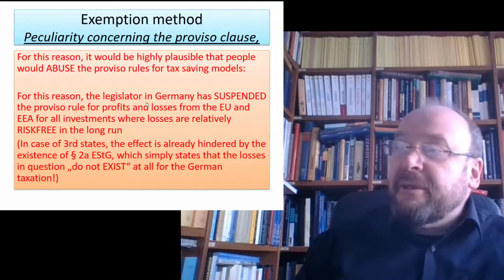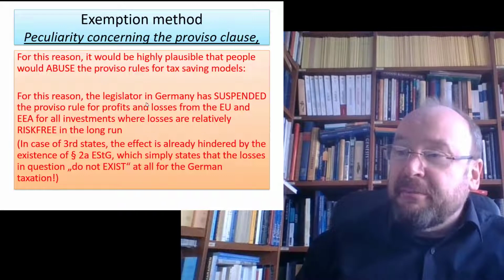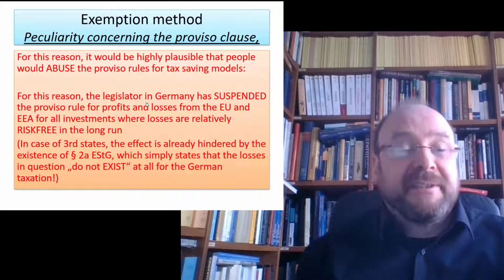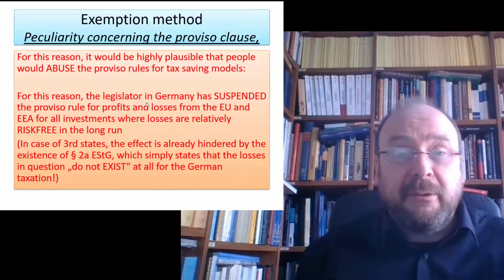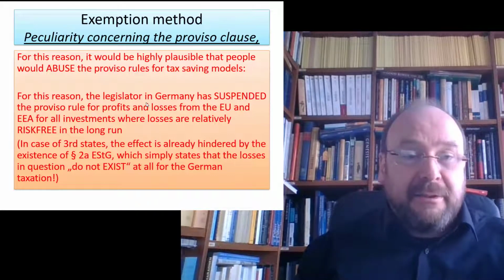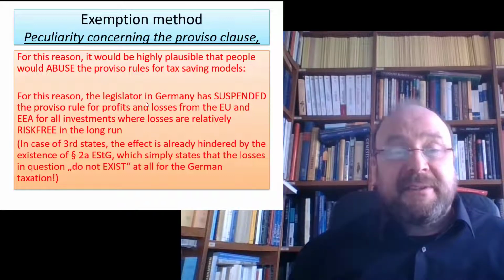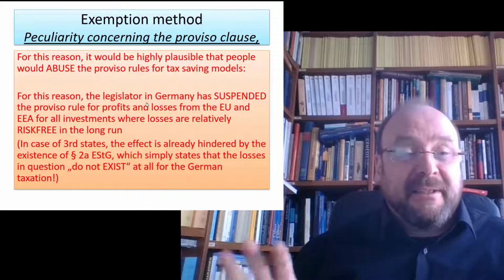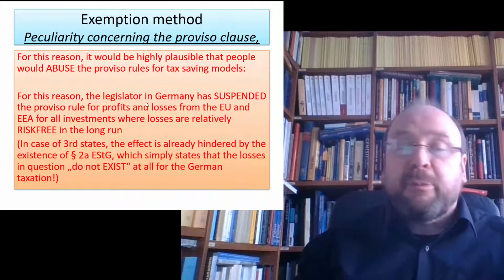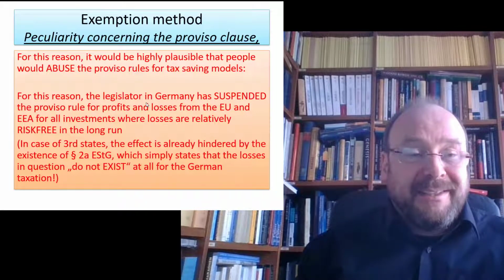For non-EU countries, that must be clearly kept in mind, you'd never have the problem because there, paragraph 2a just says, hey, there are no losses which come into play. So due to our unfair treatment of foreign losses, in the normal situation, we never have that tax saving opportunity model problem here. We only have it where paragraph 2a is forbidden.